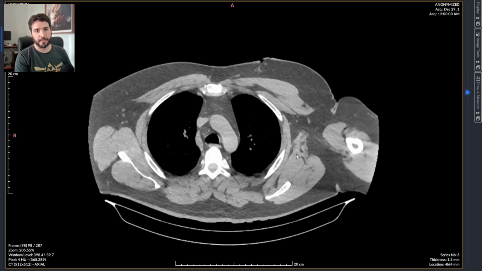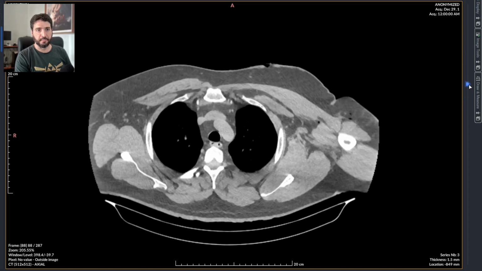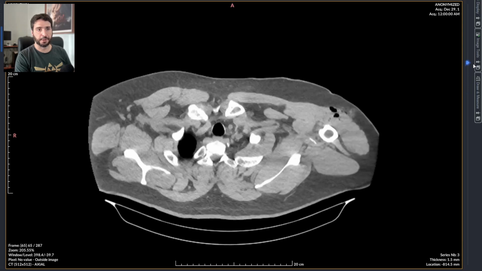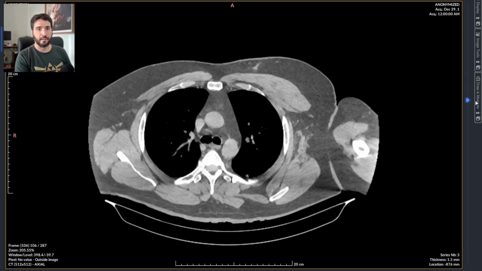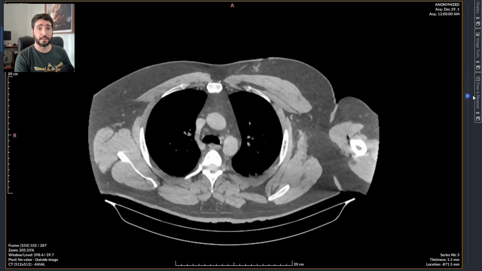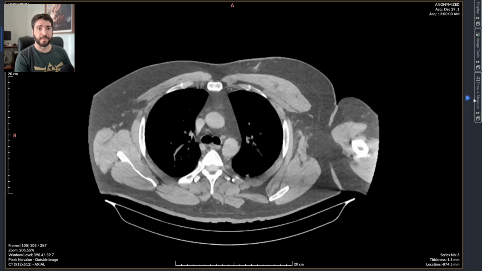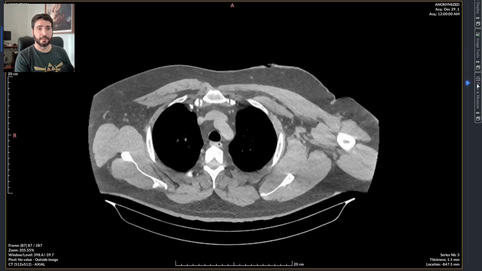There is some blood and densification of the axillary region, but it seems no major hematoma, no major collection of blood. So he also got very lucky indeed.